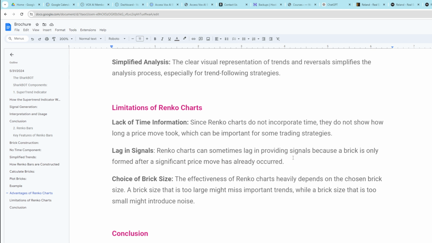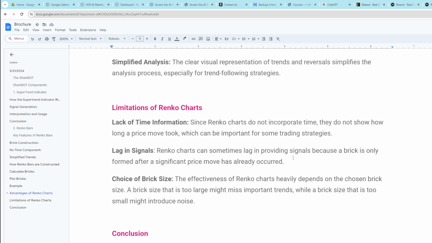Renko charts can sometimes lag in providing signals because the brick is only formed after a significant price move has already occurred. This has a lot to do with fills, and I know fills is a very sensitive topic because it's very important to calculate the price accordingly to be able to get a fill.